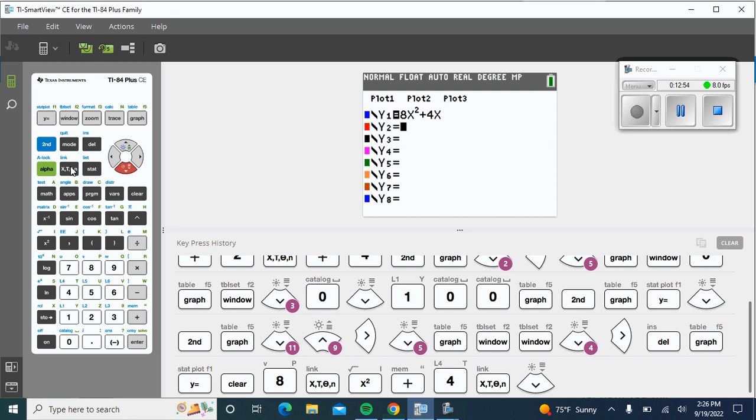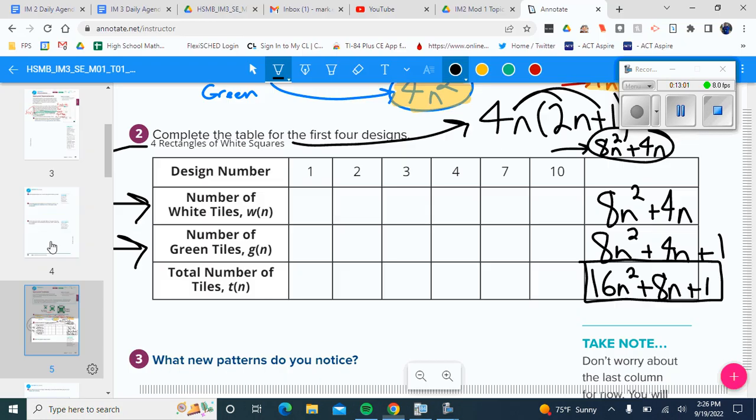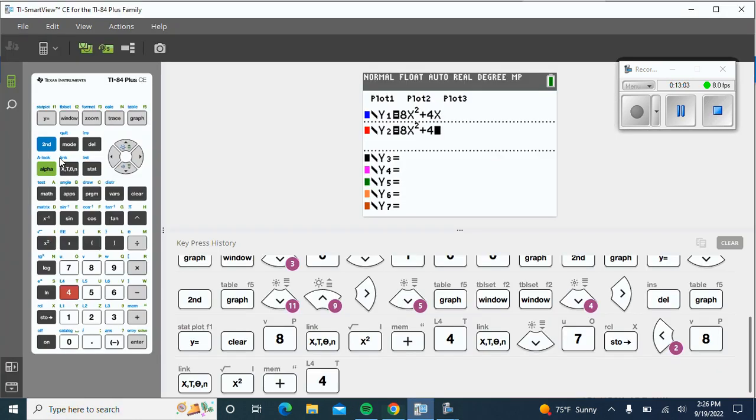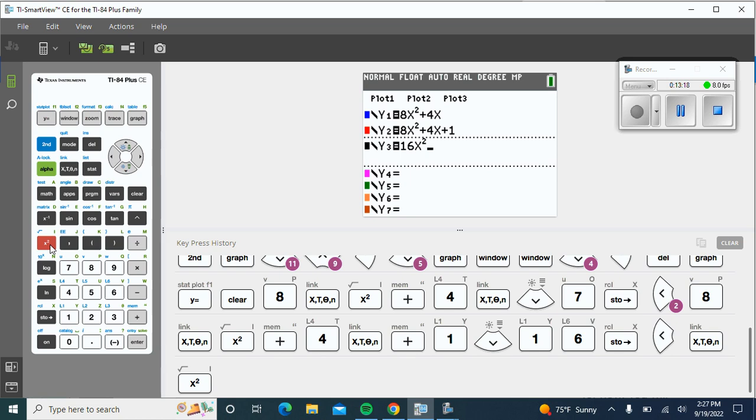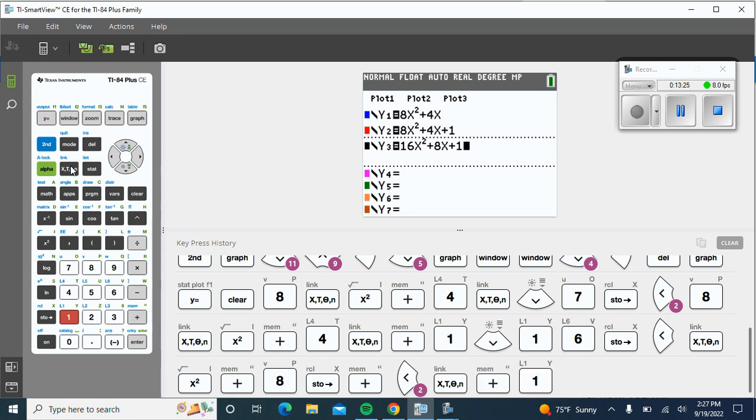Then we have 8x squared plus 4x plus 1 for green. And then we added them together, and that made 16x squared plus 8x plus 1.